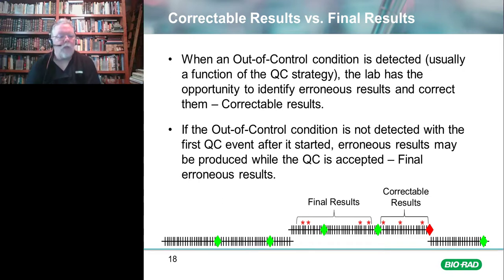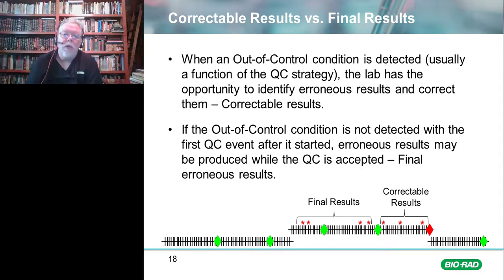So we categorize an erroneous result that's produced, and then we pass QC, as a final result. Because once we've passed QC, we don't stop and look for erroneous results. We simply continue testing because we don't think anything has happened, because we just tested QC.